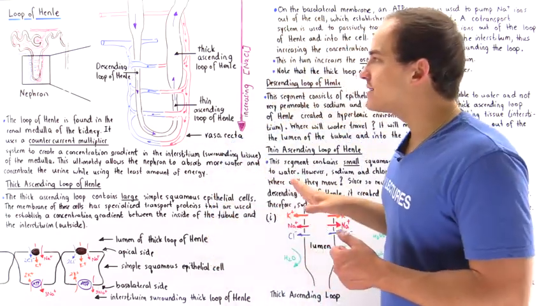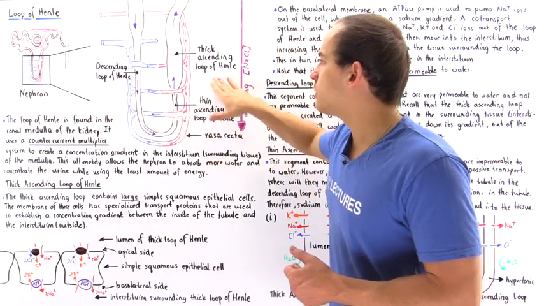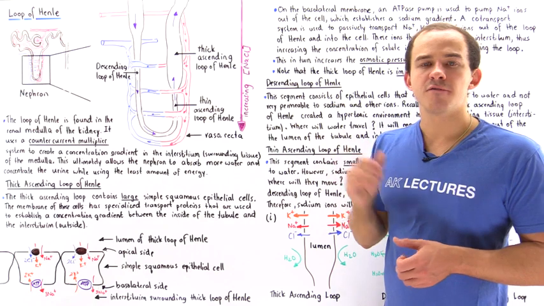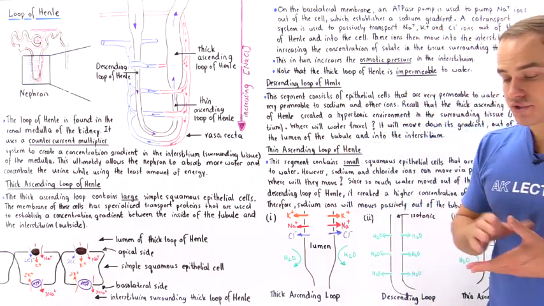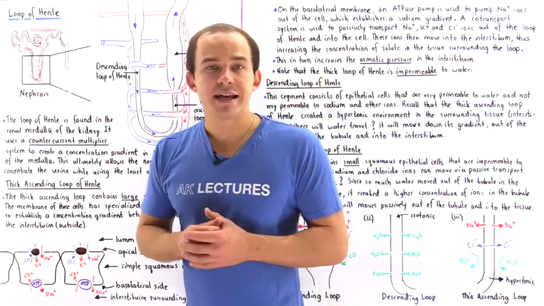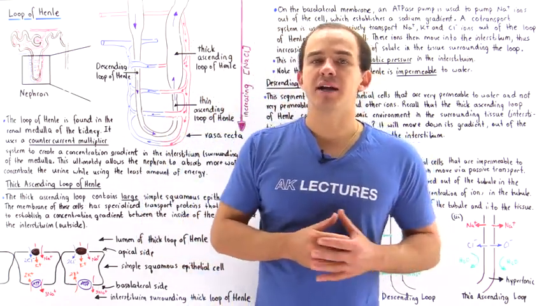Now, before we examine the individual function of these 3 segments, let's discuss what the overall function of the loop of Henle is. So, the loop of Henle utilizes a system known as the countercurrent multiplier system.